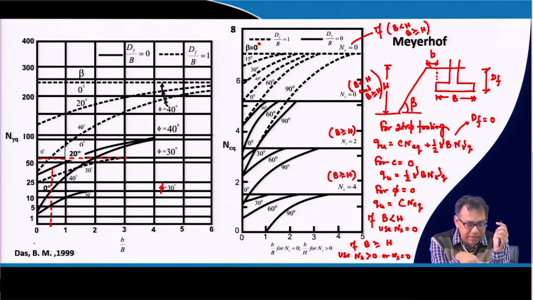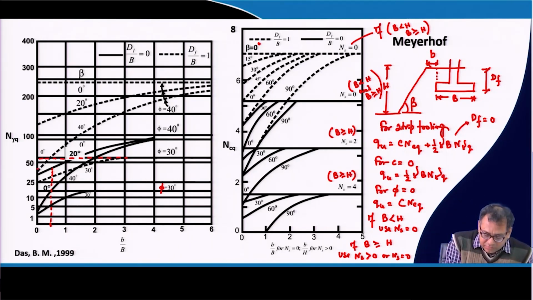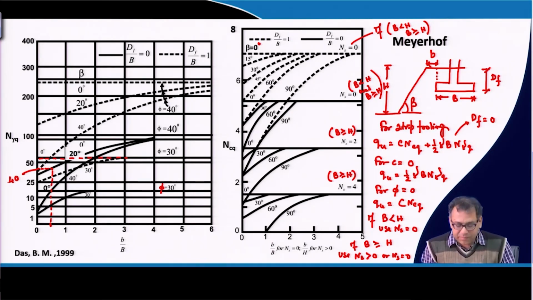Similar to here, it is a log scale. Okay. You can see that the 100 to 200 difference is more compared to 200 to 300, then 300 to 400, and so on. So, this is the value. It is 40. Okay. So, that means your N gamma q is 40.